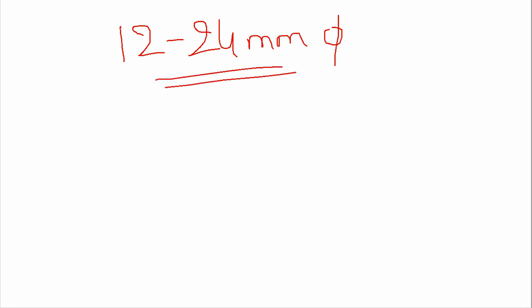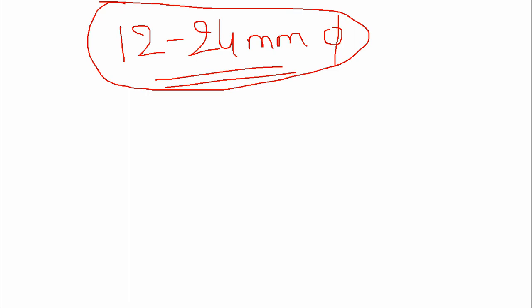Mind it, this is not mentioned in your textbooks or IS code, so you need to remember this. It is just a trick so that we get the answer every time we solve. So we will always take our bar diameter between 12 mm and 24 mm for a singly RC beam.